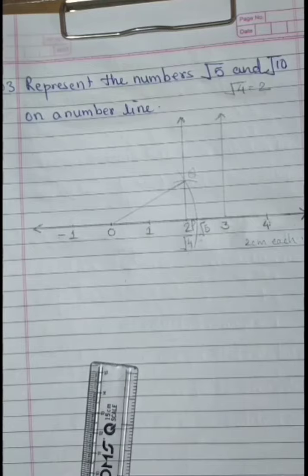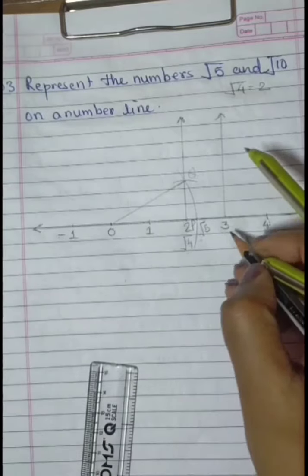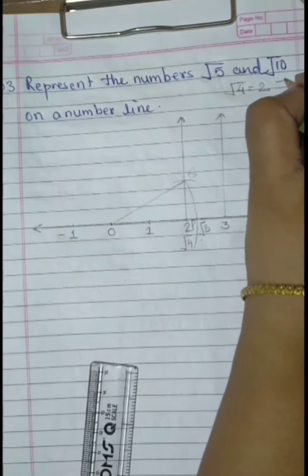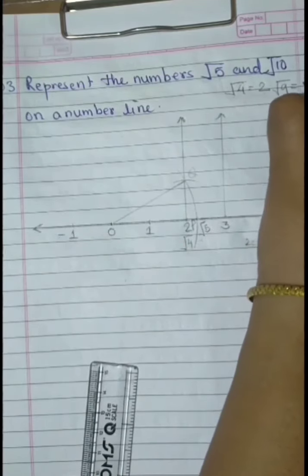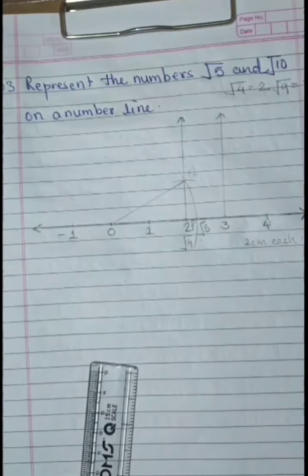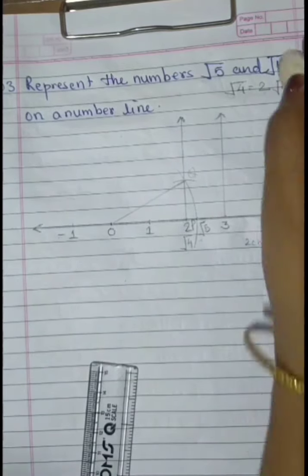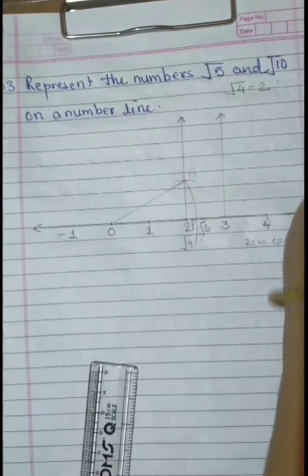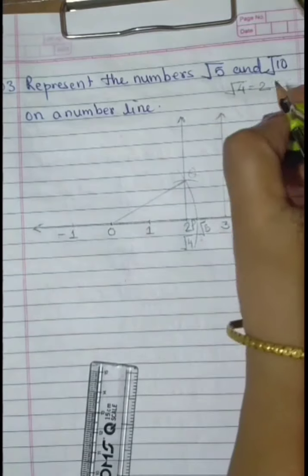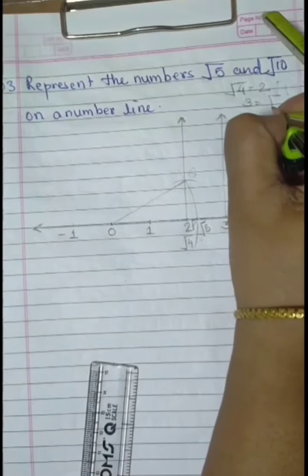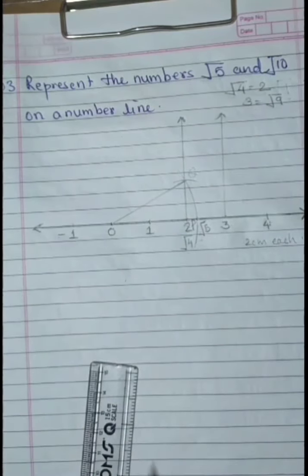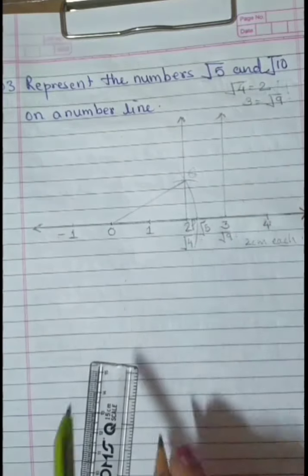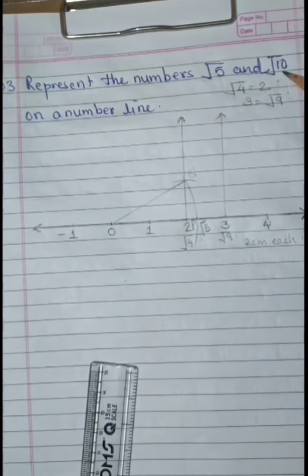The reason is that root 9 is equal to 3. So after root 9, what will we get? We will get root 10.